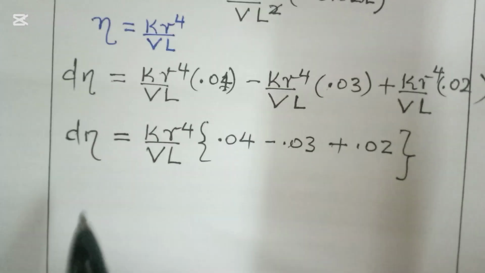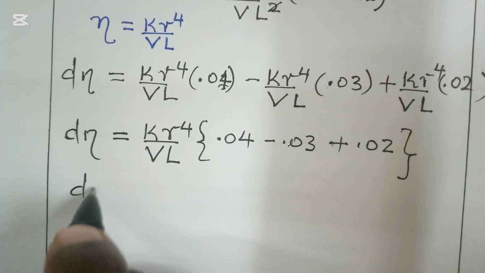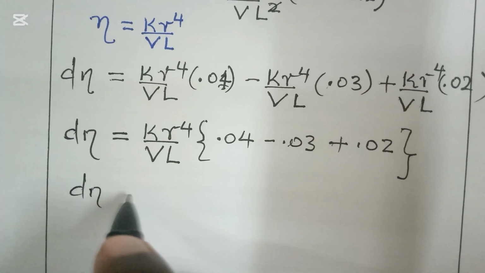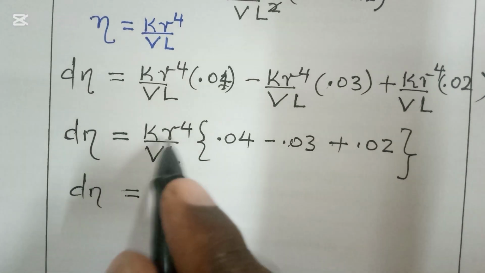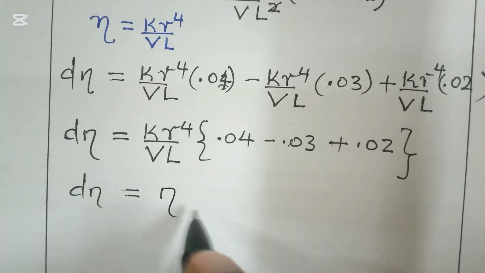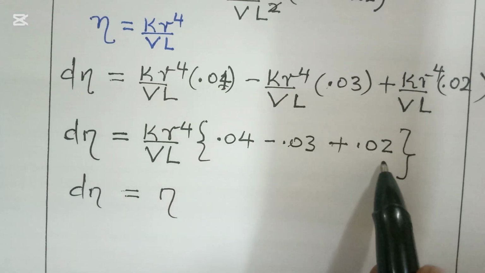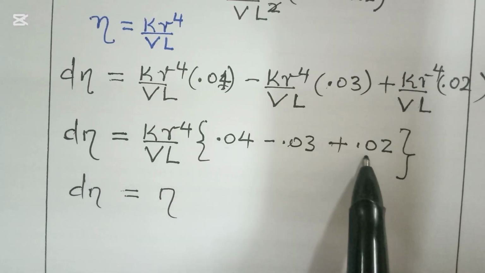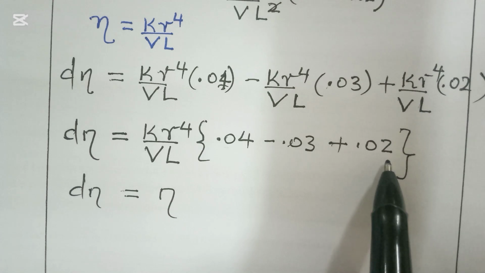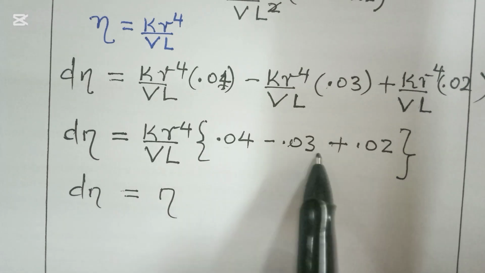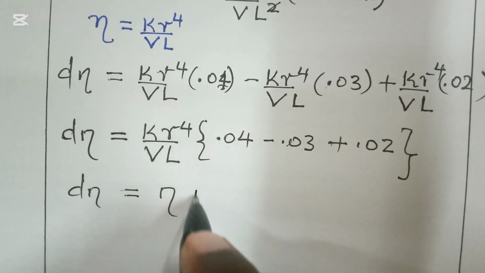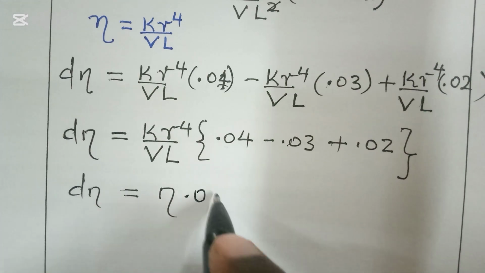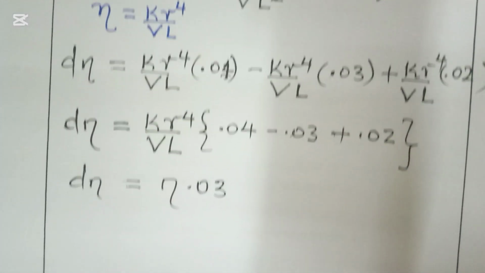So d eta, the change in viscosity, is now going to give us, if we add this, 0.04 plus 0.02 gives us 0.06, minus 0.03, we get 0.03.